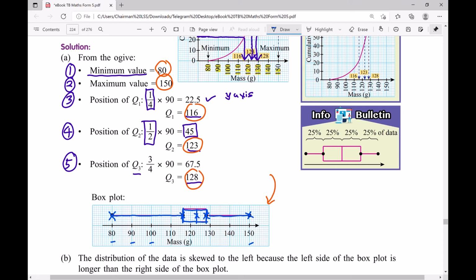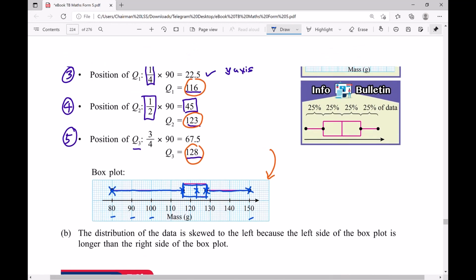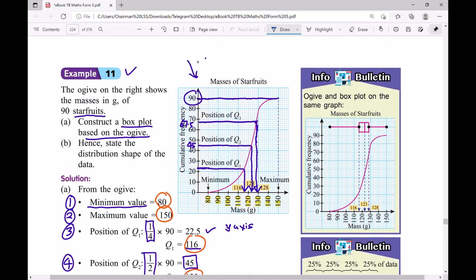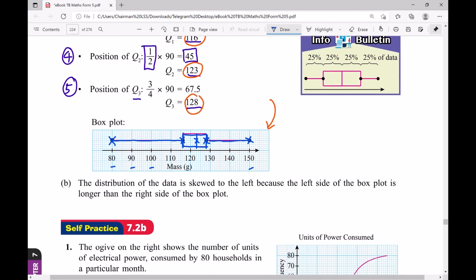When you have done your box plot, then you can say about the distribution. Hence, state the distribution shape of the data. So you look at this data. First, you look at the box. What do you see? The left box is longer.